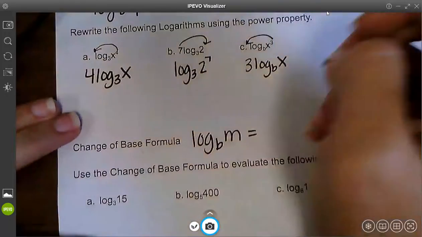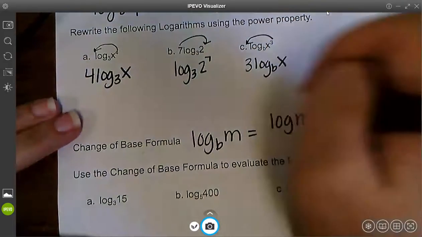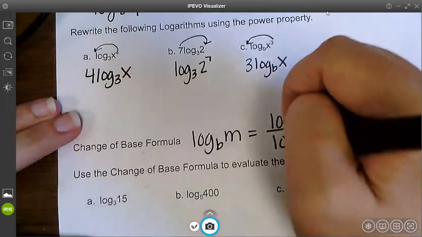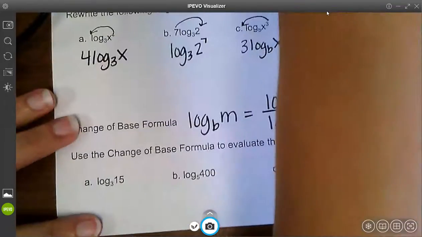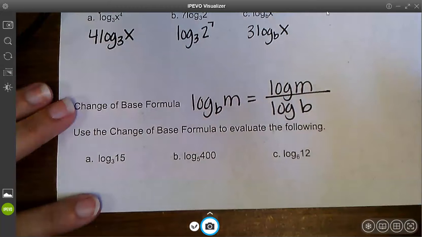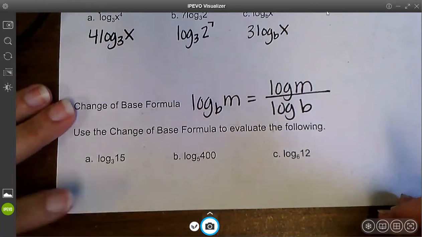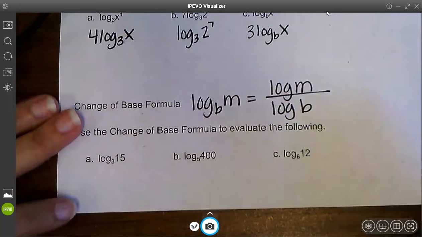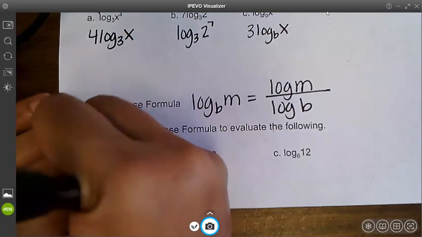So the change of base formula is the common log of what you're taking the log of divided by the common log of your base. So when it says to use the change of base formula, you won't have to because you'll have it on your calculator, but you will see questions like, which of these is the proper way to use the change of base formula, or what is the change of base formula? And it's real simple. So all you have to do is write log of 15 divided by log of 3.